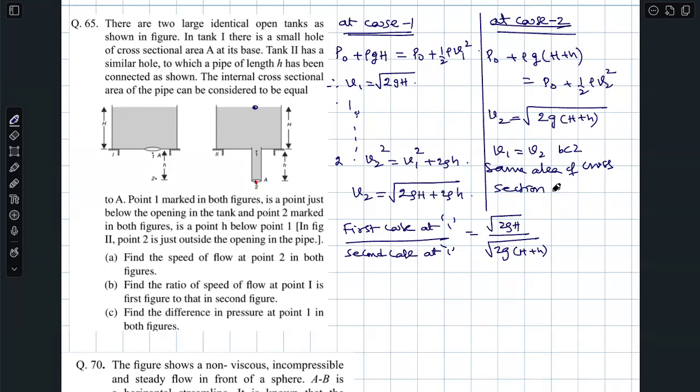Right. Find the difference in pressure at point 1 in both the figures.